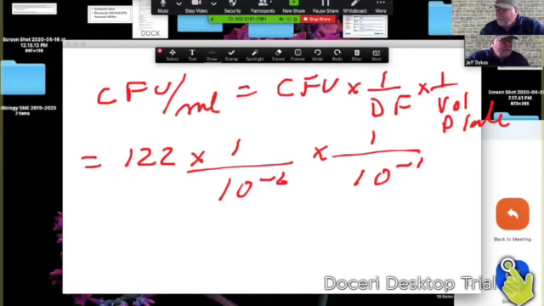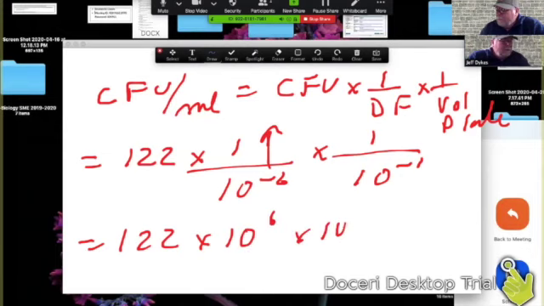Well, whenever you have exponents that are negative in the bottom part of the equation, we can move them to the top as a plus. So we can rewrite this as 122 times 10 to the 6 times 10 to the 1.